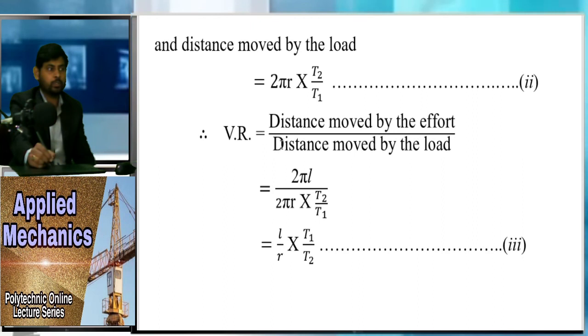So put that value here. You will get 2 pi L divided by 2 pi R into T2 by T1 is equal to, here pi will get cancelled, 2 will get cancelled, L by R, and T1 will shift towards the numerator, so T1 divided by T2. This is your equation number 3.